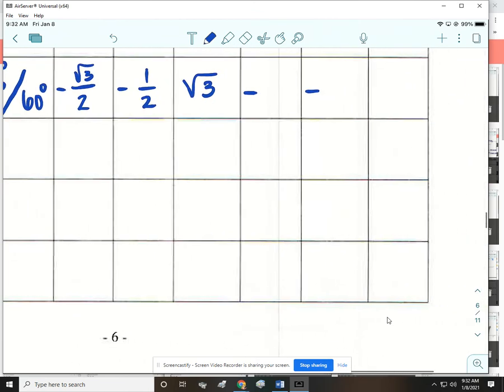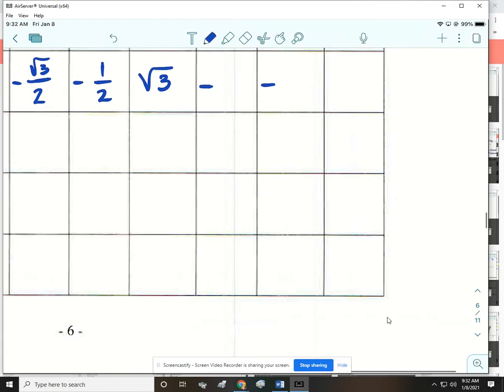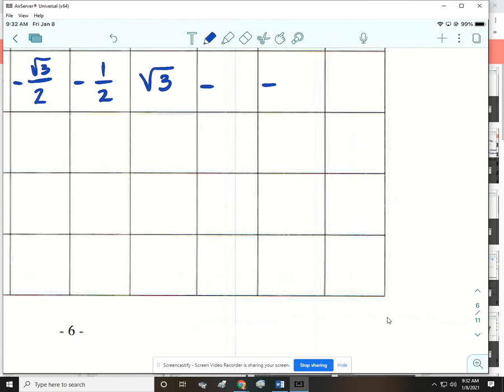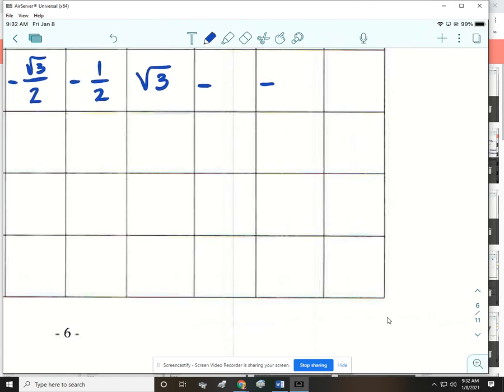All right, and then I'll do the reciprocals. So I'll flip that over. I'm going to have to draw this a little bit smaller. And after you guys do a lot of these, you see the pattern. I think by the time you're done with this, you're going to know when it's 2 over the square root of 3 and just automatically go to 2 square root of 3 over 3.